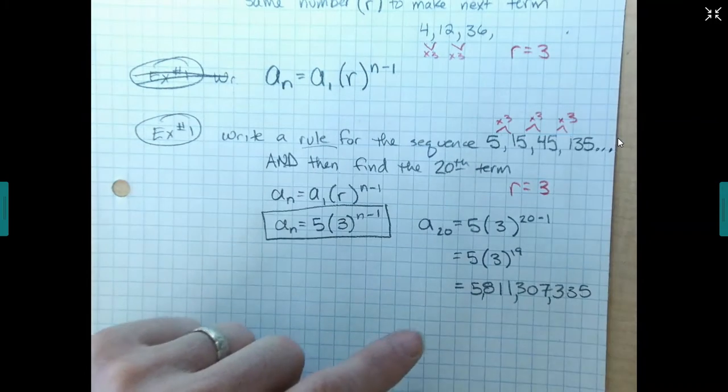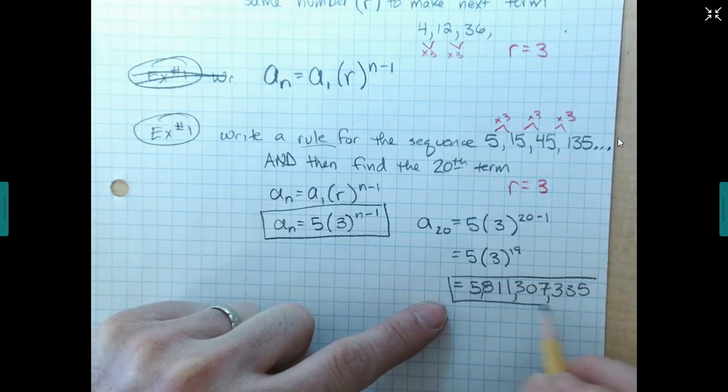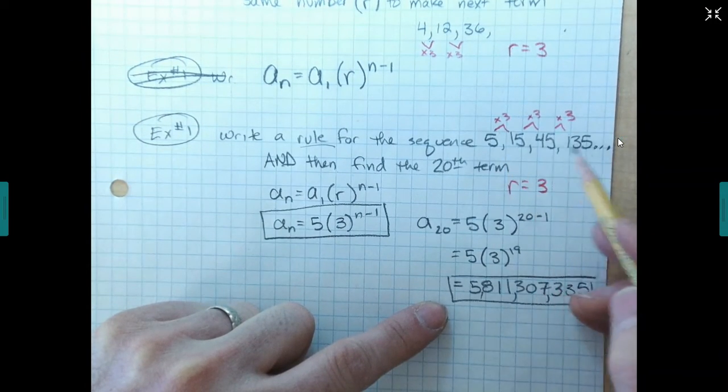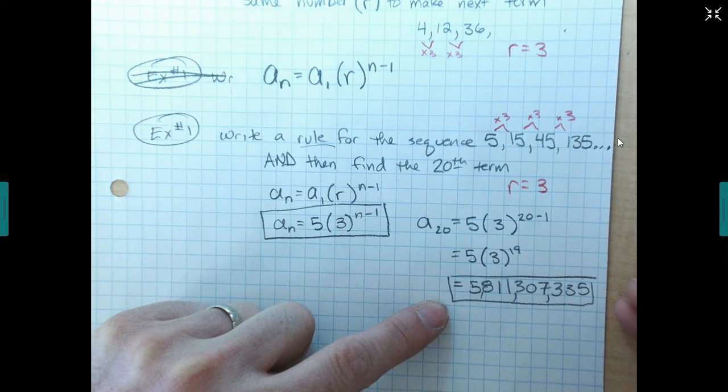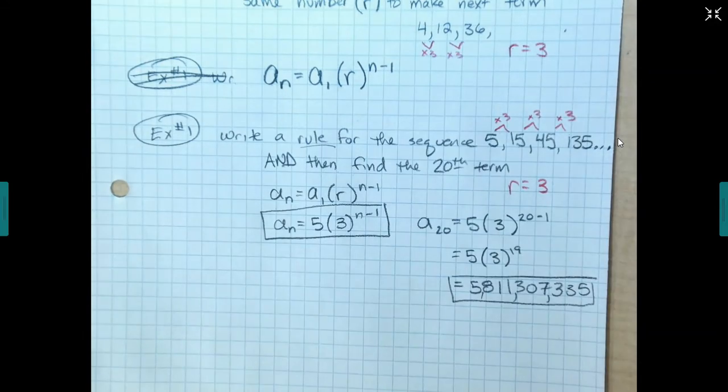So that is our 20th term. So in this sequence, first term, second term, third term, fourth term, all the way to our 20th term. As you can see, geometric sequences increase or ramp up very quickly.